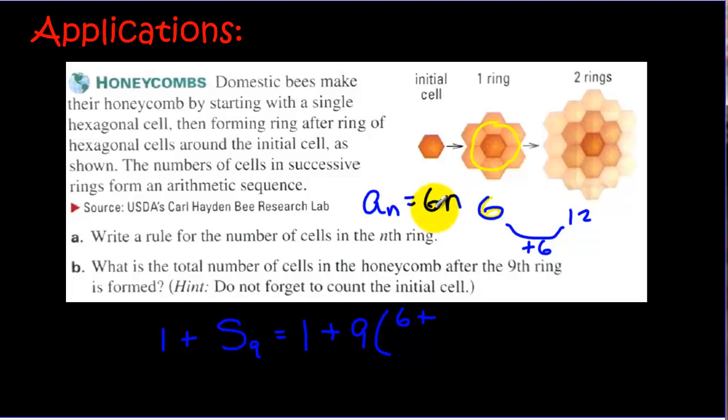So if we put 9 in here, we get 54, divided by 2. So here we have 1 plus 9. Now this would be 60 divided by 2 is 30. So we get 271. So this honeycomb, after 9 rings, would have 271 cells.